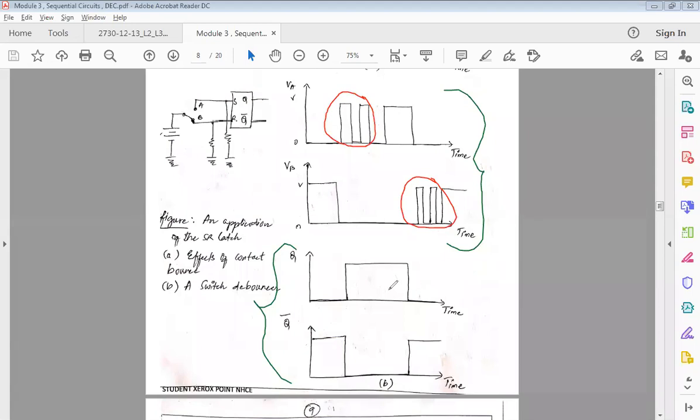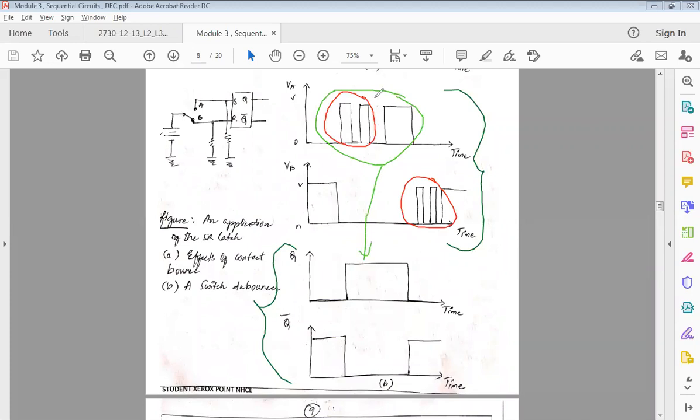Now I want you to carefully compare voltage A, that is VA, and Q. So if you see, what is happening is all these pulses are combined, and it is made into a single pulse. So what is that single pulse? It is this one.